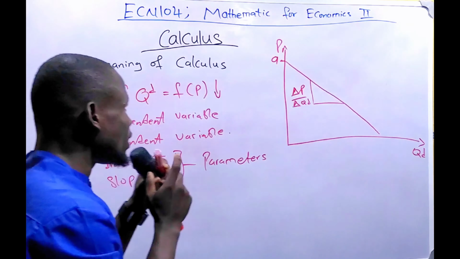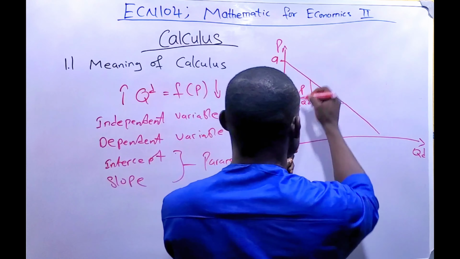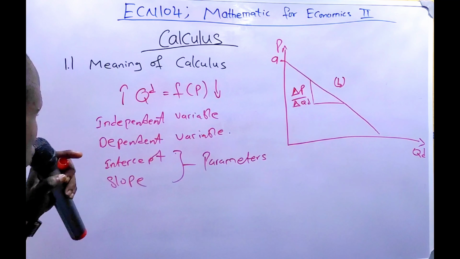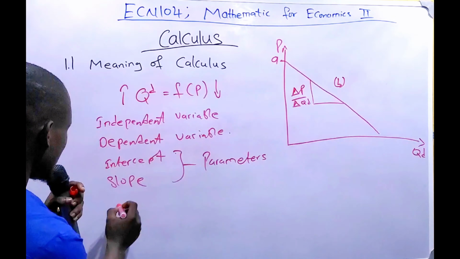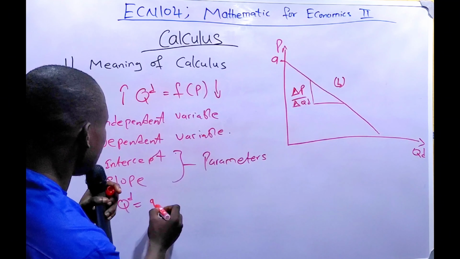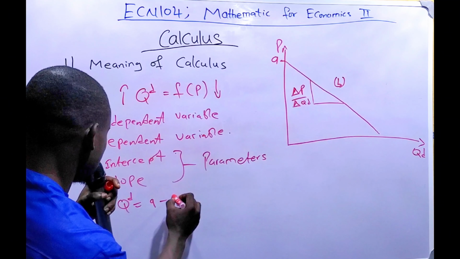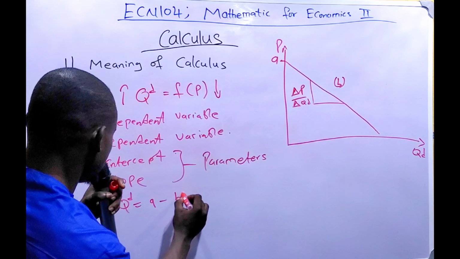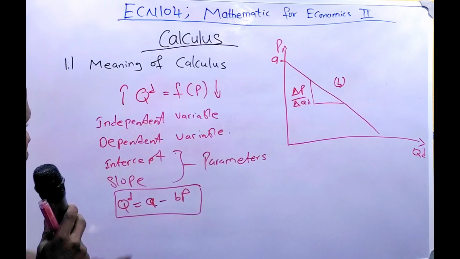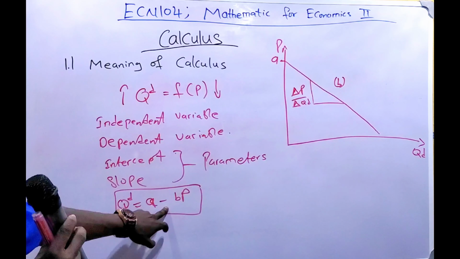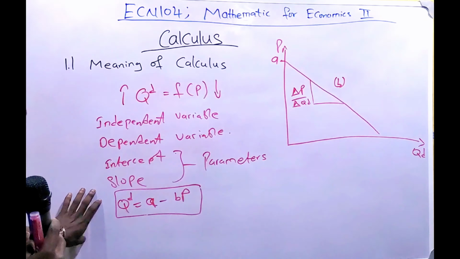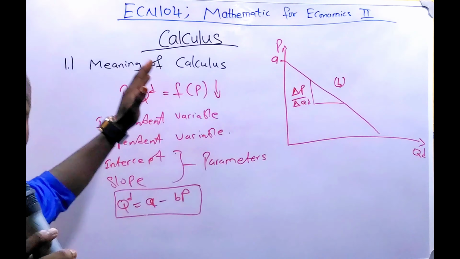Now, if we say our intercept is A and we name our slope to be B, then we can have our equation of quantity demanded to be QD equals A minus BP. That is, the quantity demanded equals the intercept minus the slope times price. This is an equation of this function.